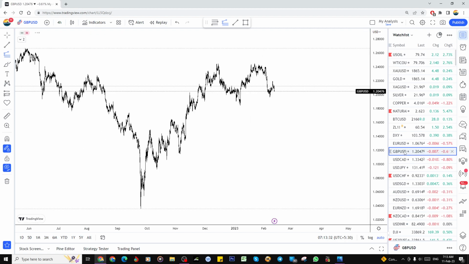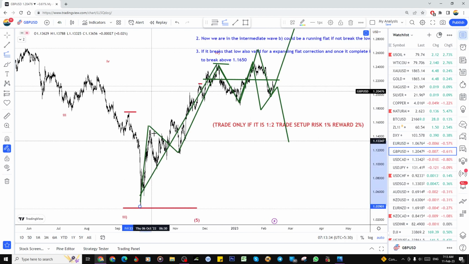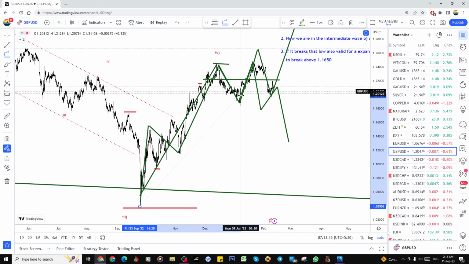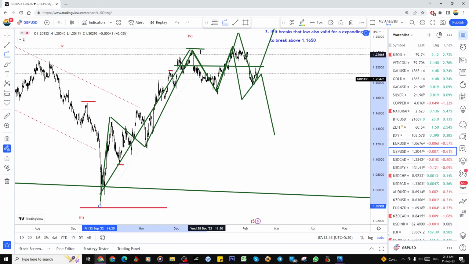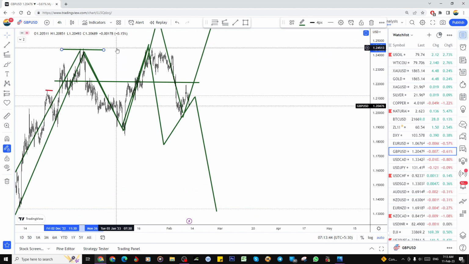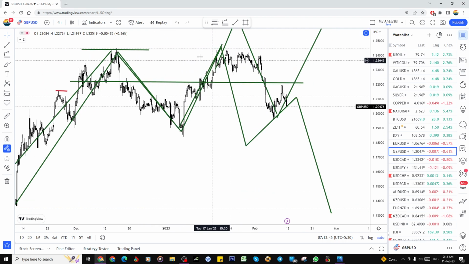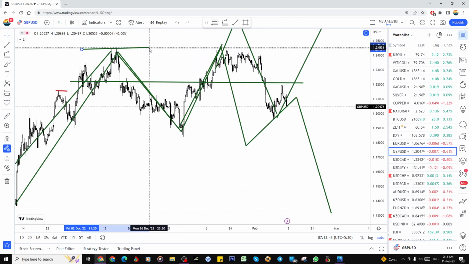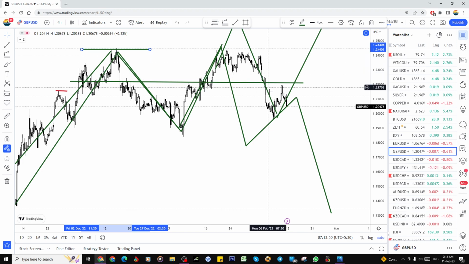So GBP USD the same, whether this is the one that has completed. Look at this. I'm looking for, if it breaks this previous high, and exactly, it did 1 or 2 pips above the previous high and it came down.